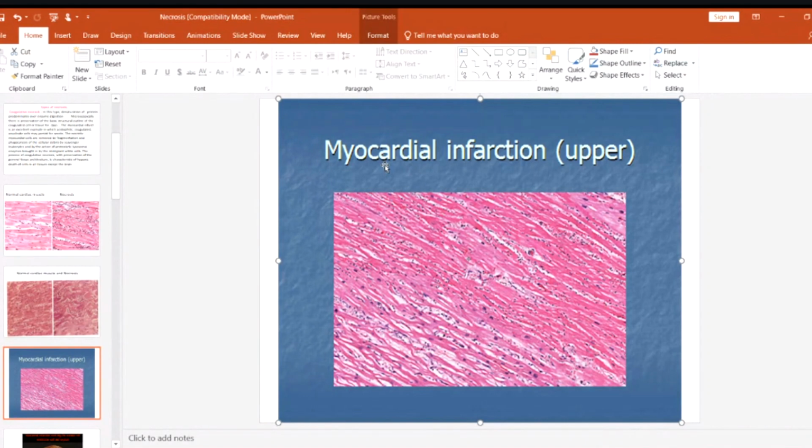Coagulative necrosis is characterized under the light microscope by preservation of the basic structure outline. We see the outline of the cell, but there is no nucleus, no other cellular element. This is a characteristic feature of coagulative necrosis.